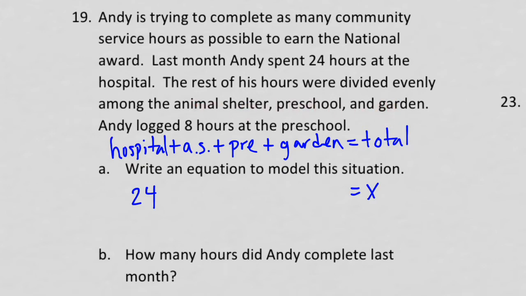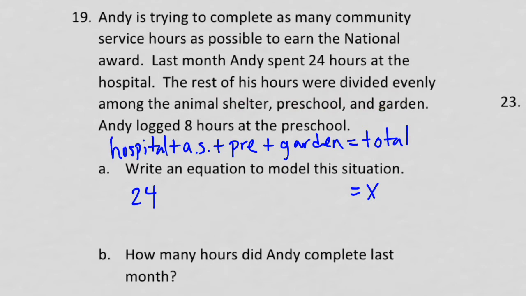We do know that they're all the same. Why? Because it says the rest of his hours were divided evenly among the three. So the same for the animal shelter, the same for the preschool, the same for the garden. Those are the exact same number of hours for each one.